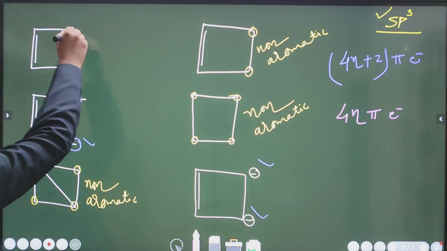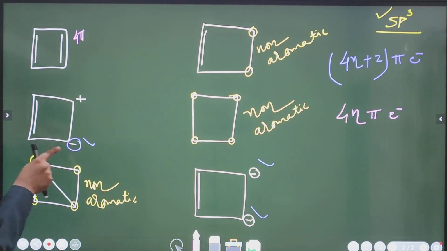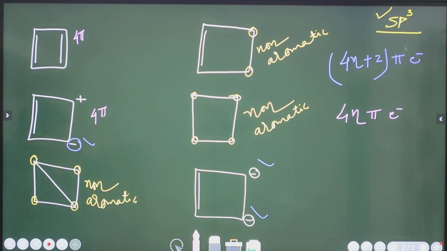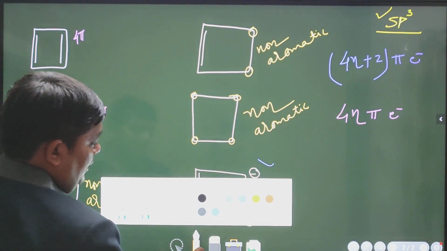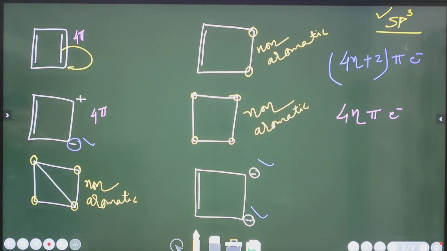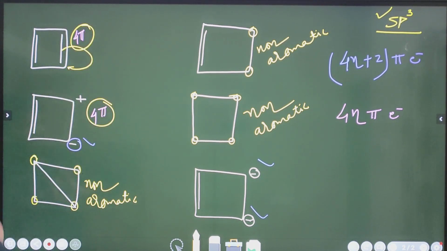2 pi and 2 pi, 4 pi electrons. And if you look very carefully between these 2 structures, you will not find anything that is surprising. The only thing is this pi bond has shifted over here. So you will have a negative charge over here and a positive charge over here. So in both the cases, the number of pi bonds remains the same, 4 pi and 4 pi.